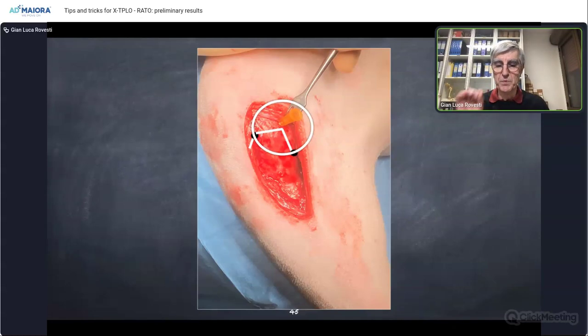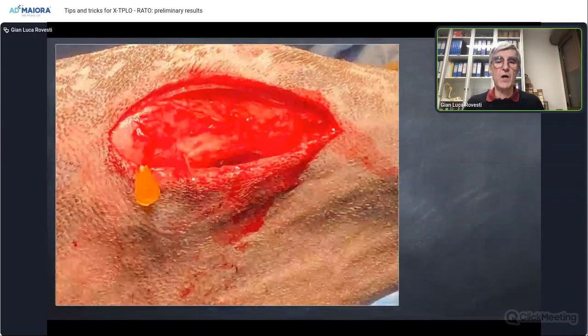If we have a specific radius of the circle, there is just one and only one circle that has the same center and passes through 2 points. So we cannot have another circle that has the same position. So we are very secure that this is the position of our osteotomy.